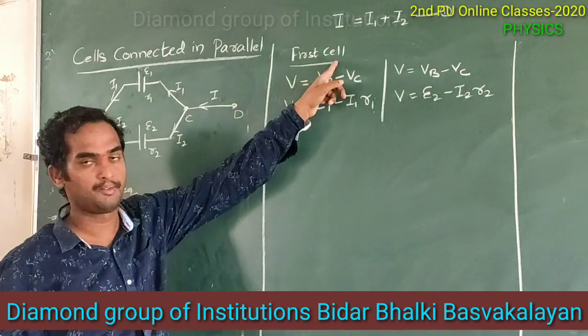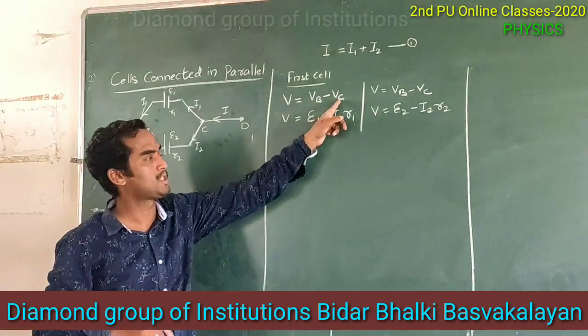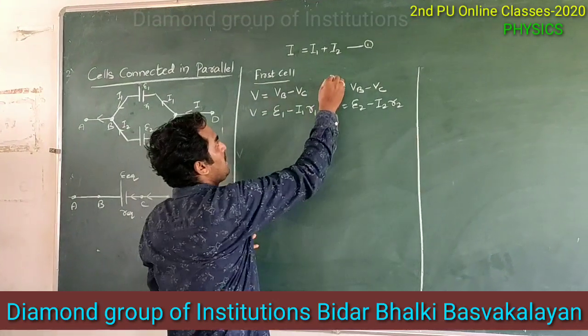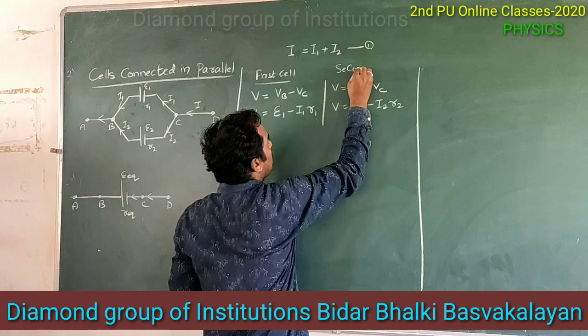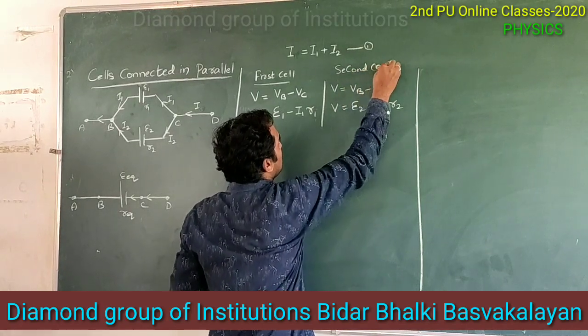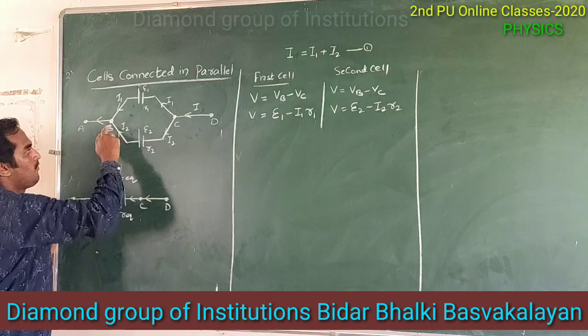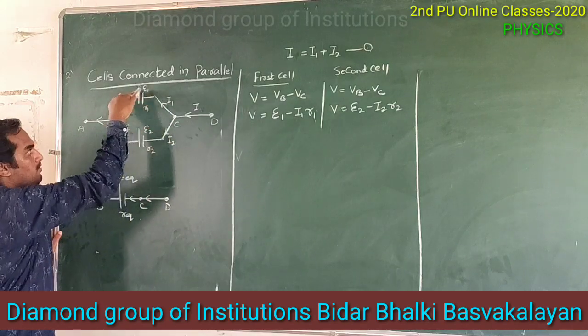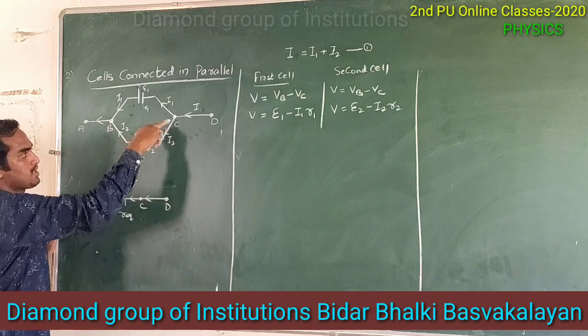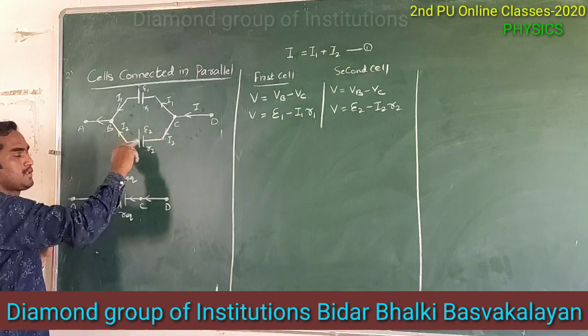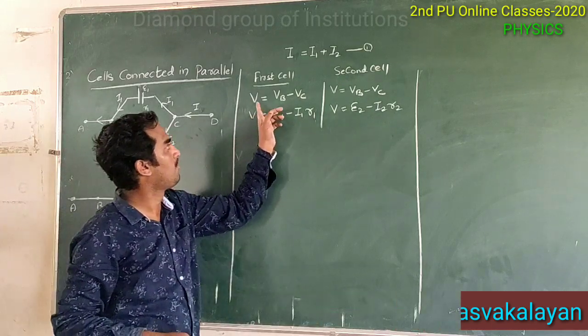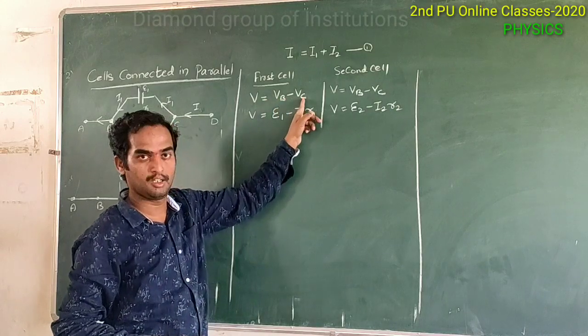For the first cell, V equal to VB minus VC. Similarly for the second cell, V equal to VB minus VC. So V equal to VB minus VC.